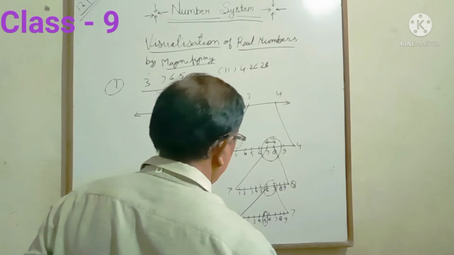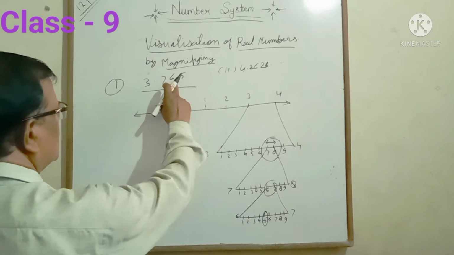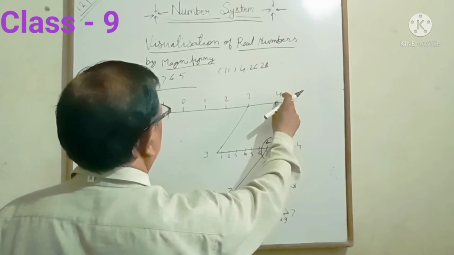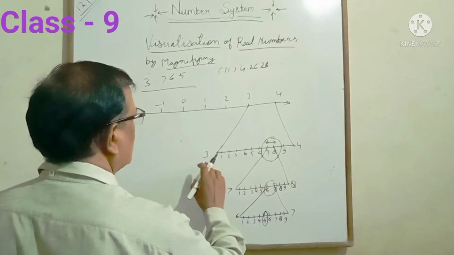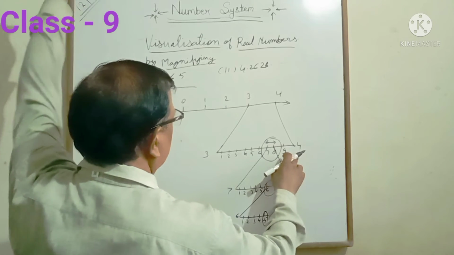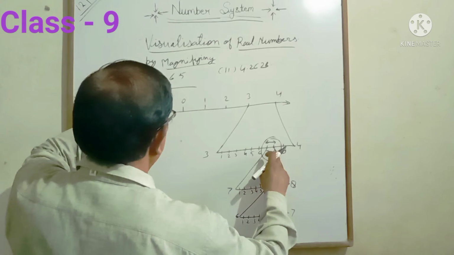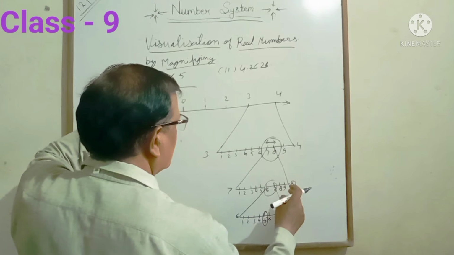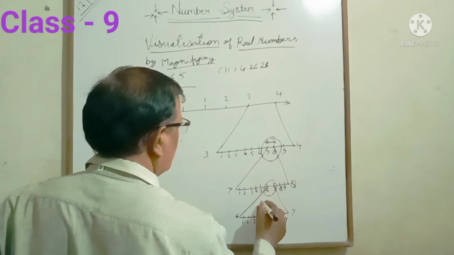This way we visualize the value of 3.765. It is more than 3, less than 4, so we magnified this and divided it into 10 parts. Then it is more than 7, less than 8, so we took the points 7 and 8, magnified, and divided into 10 parts.